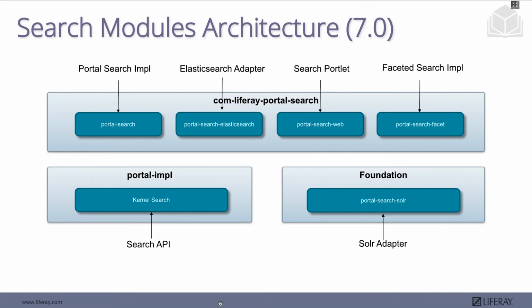We have the Portal Search implementation, the Elasticsearch adapter, the actual search app or search portlet, and then we also have faceted search. Our search API is over in Portal Impl, and over in the Foundation suite, we also have the Solr adapter.